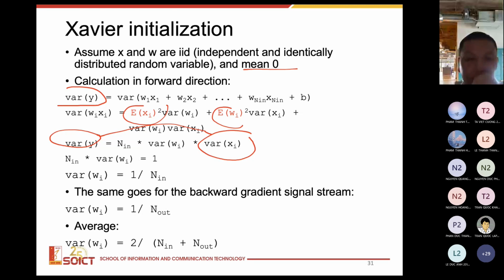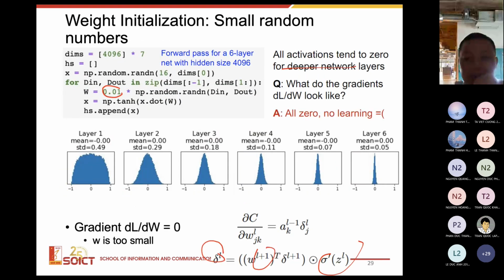We want no change in the variance, because you see the problem of the changing variance here: it drives the output to 0, right? We want to keep the same nice shape for every layer. We don't want the standard deviation to become smaller, right? We want them to be the same, right?